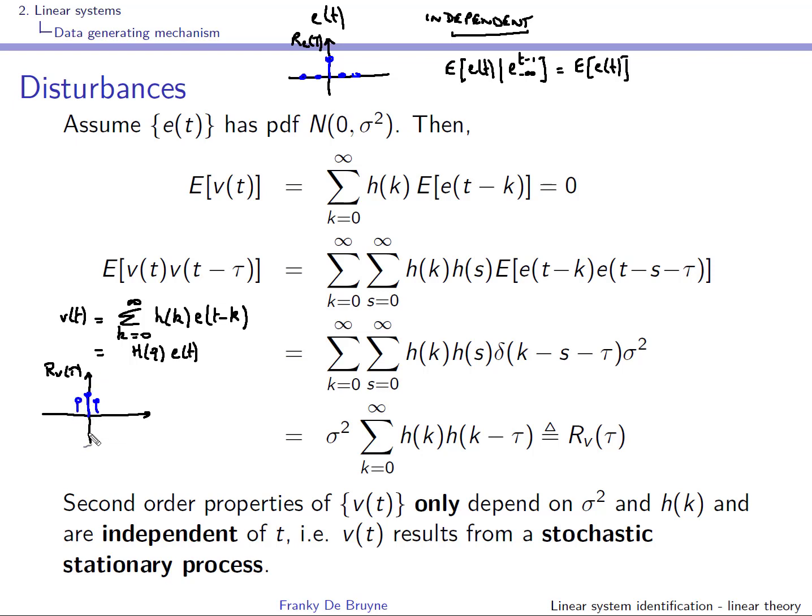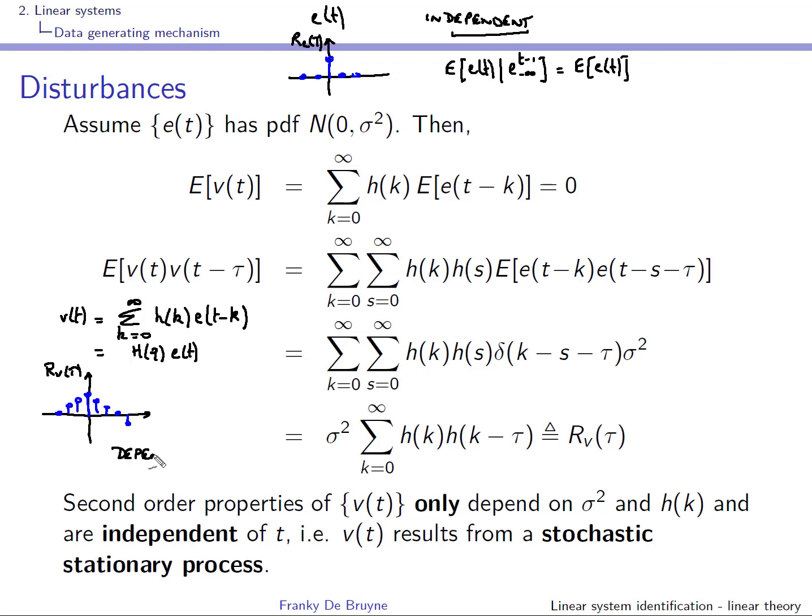Remember, it's symmetric with respect to the y-axis because the autocorrelation function is even. And we'll stick to that. And also, v(t) is now a sequence of variables that are dependent.